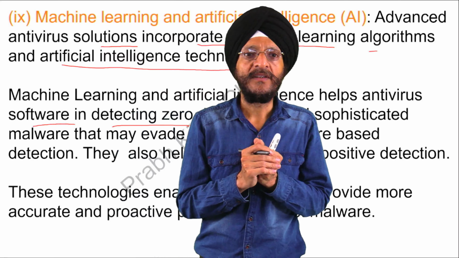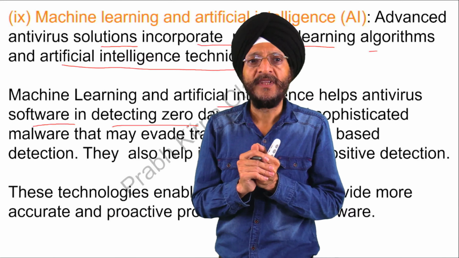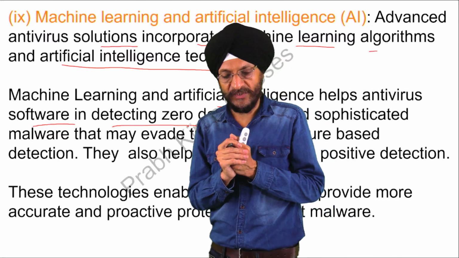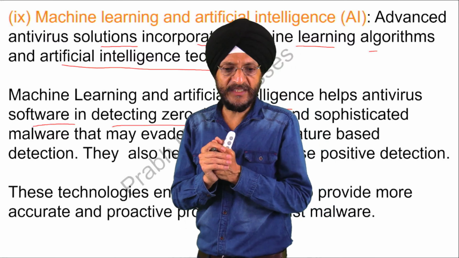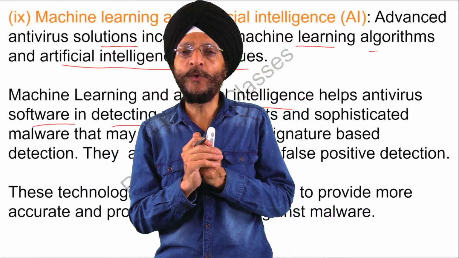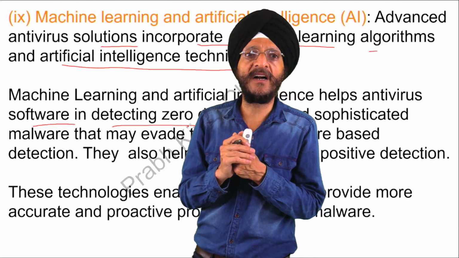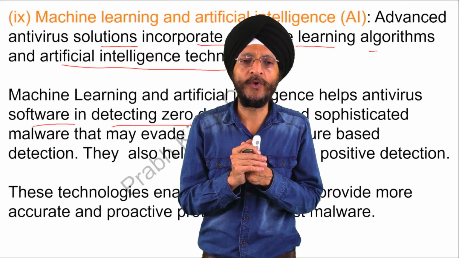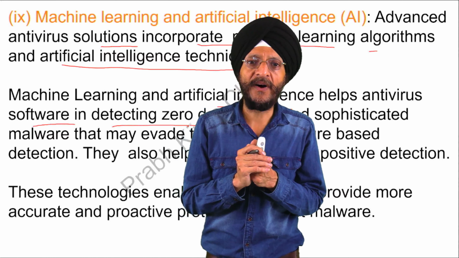Antivirus software also helps in reducing false positive detection. It means that those antivirus software which make use of machine learning and artificial intelligence are in a position to reduce the chances of false positive detection.